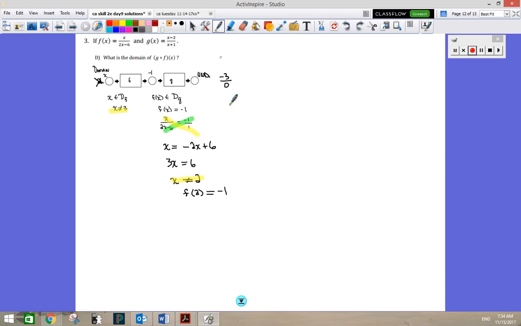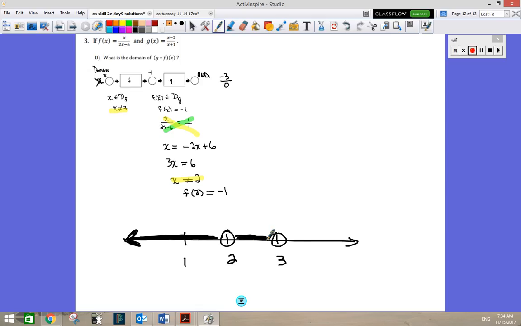So if we real quick draw a number line where we've got 1, 2, 3, we're excluding the number 2 and we're excluding the number 3. Everything else is in the domain. These other values will make it through both functions. Every x will produce some number that will be in the range.